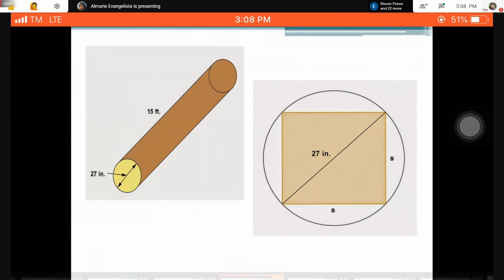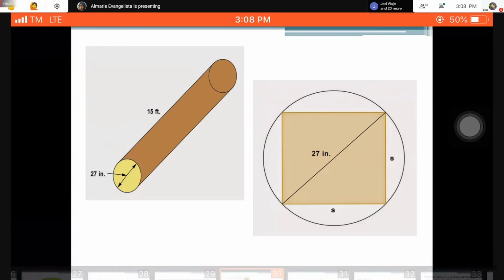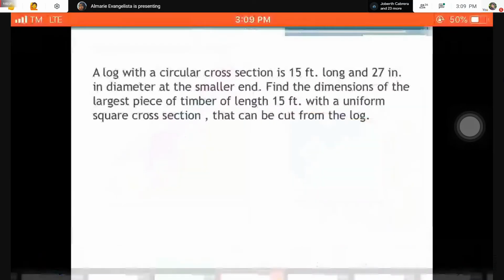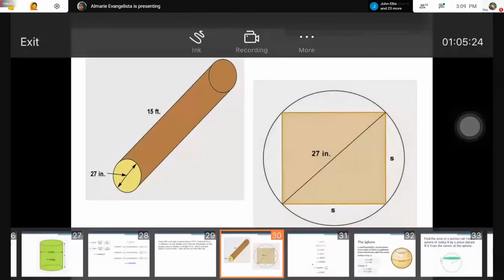Tapos doon sa section na binigay, meron dun na diameter which is 27 inches. Balik tayo. Square cross section. Pansin nyo, merong nabuong right triangle doon sa log, doon sa portion na kinat natin.